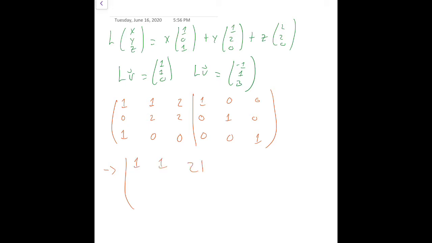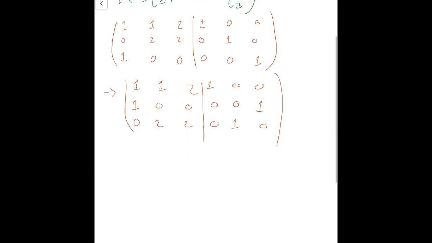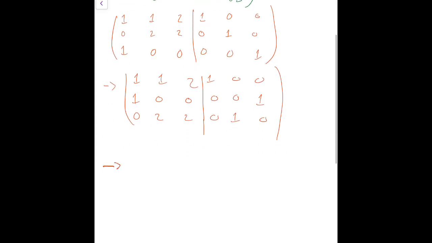So this is (1, 1, 2, 1, 0, 0). Now this is (1, 0, 0, 0, 0, 1). Then this is (0, 2, 2, 0, 1, 0). Then we subtract row 1 from row 2.